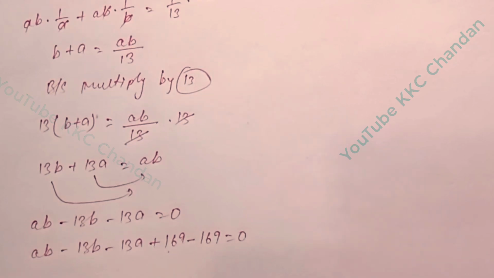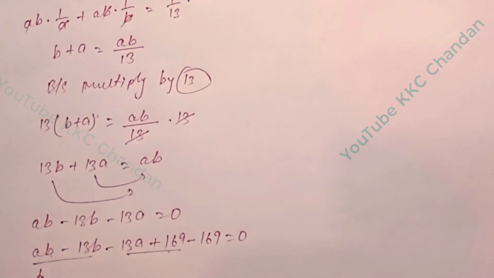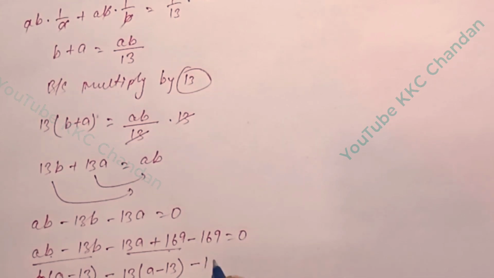So after the next step, take common. Left is a bracket open, here take b common, a minus 13 bracket close, minus 13 take common, 13 bracket open a minus 13 bracket close, here left is minus 169 is equal to 0.